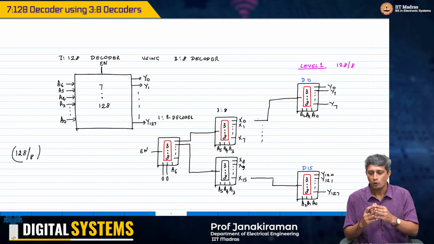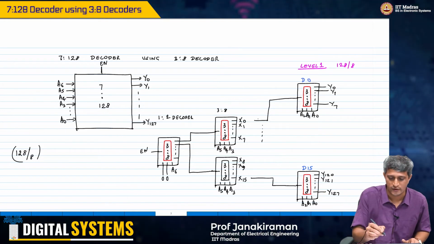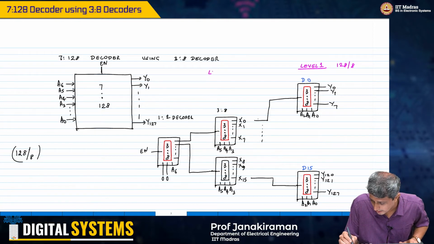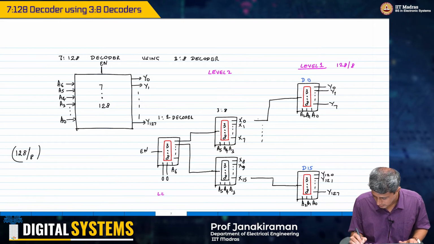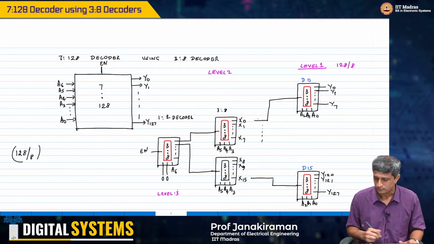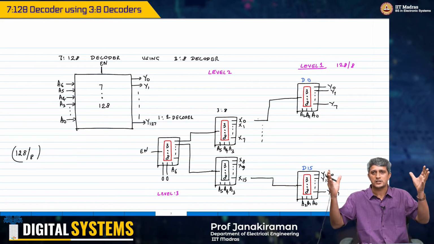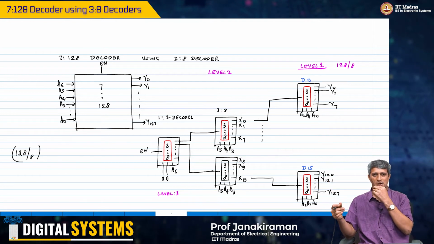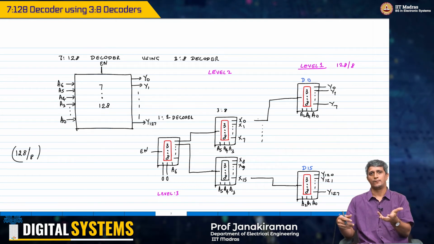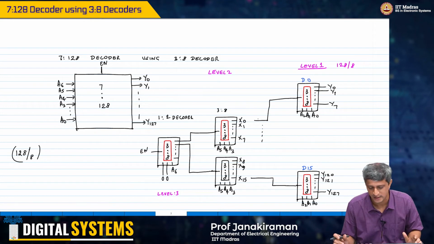First, we need to figure out how many levels of logic we needed, okay. So this is my level 2, okay, and this is my level 3. So you need, first of all, 3 levels of logic in this case, right, to get the entire design going.